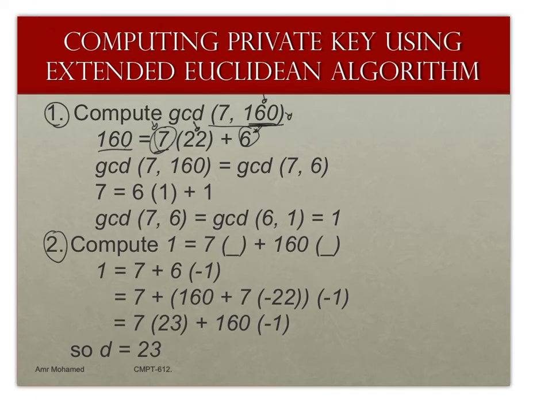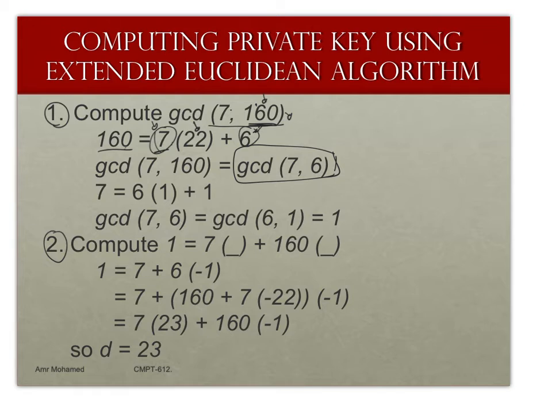The remainder stays in the greatest common divisor. So the greatest common divisor of the big number is reduced to a smaller number, which is the remainder of dividing the 160 by the 7.